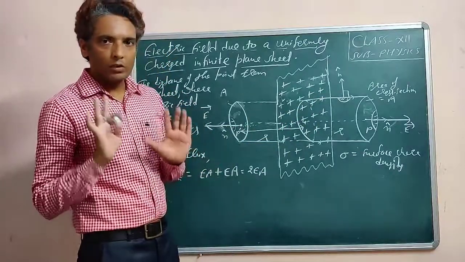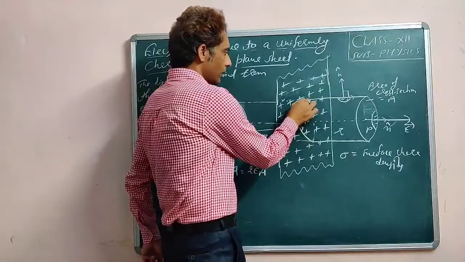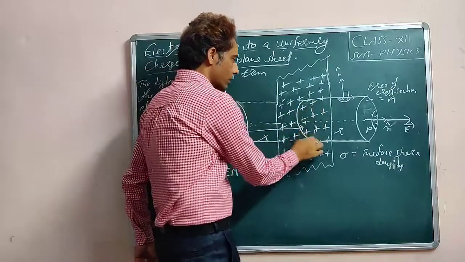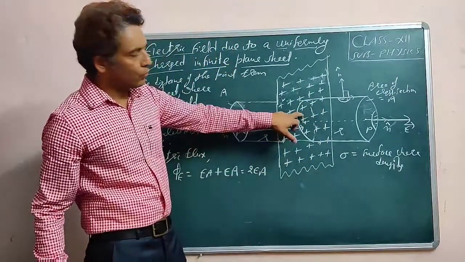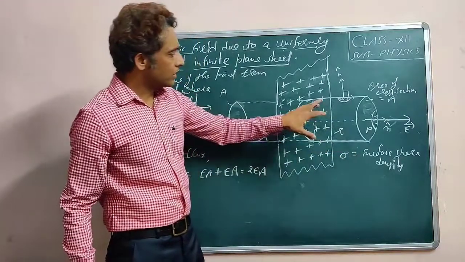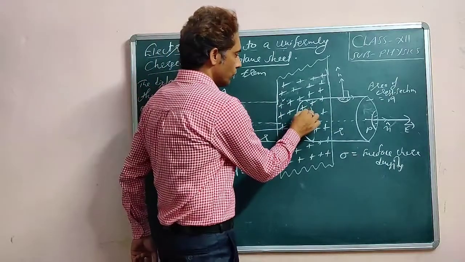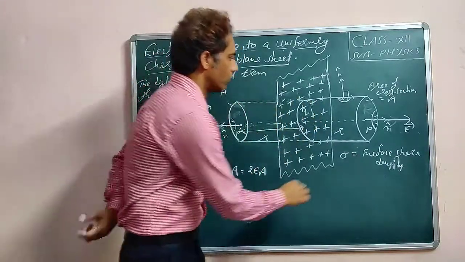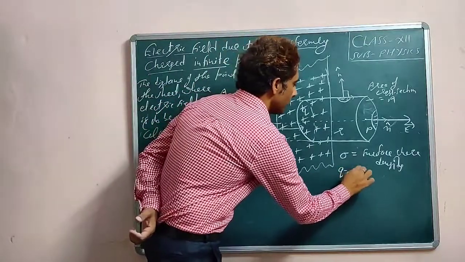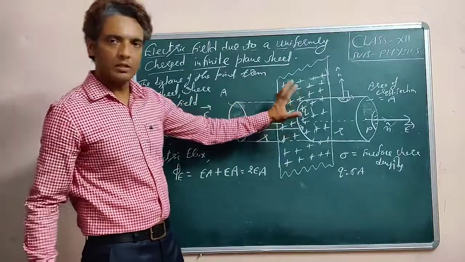So the charge enclosed by this Gaussian surface will be the charge enclosed by this portion, and the area of this portion is A, and surface charge density is sigma. So charge inside this portion will be, if it is Q, then this Q should be equal to sigma into A. So this is the charge which is enclosed by the Gaussian surface.